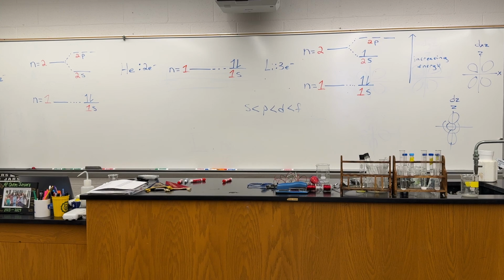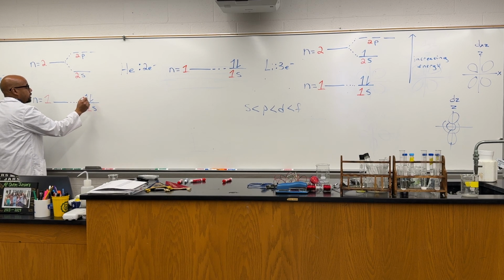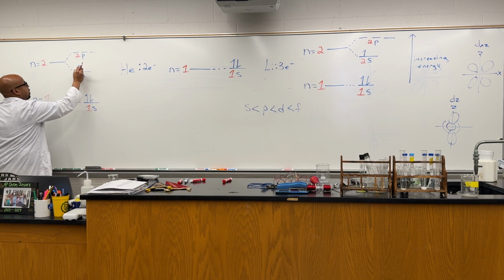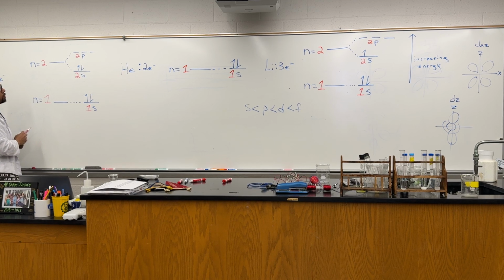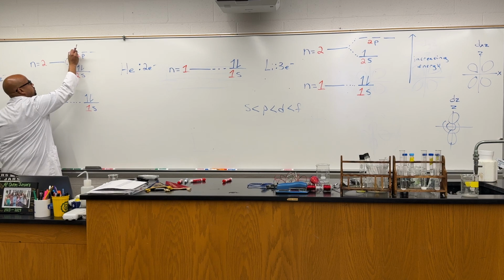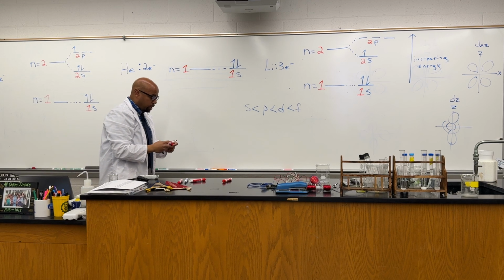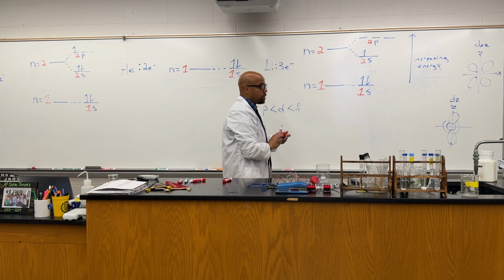I've got a grand total of 6 electrons, so here we go. 1, 2, 3, 4, 5, and now I need to add my 6th electron. So here goes the interesting point.